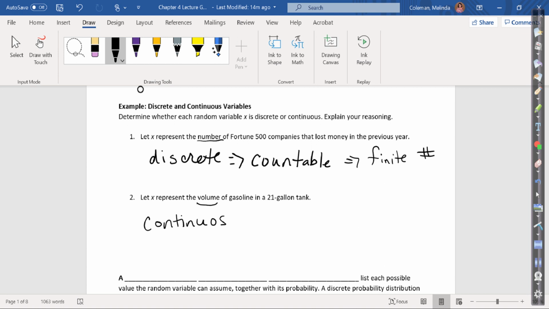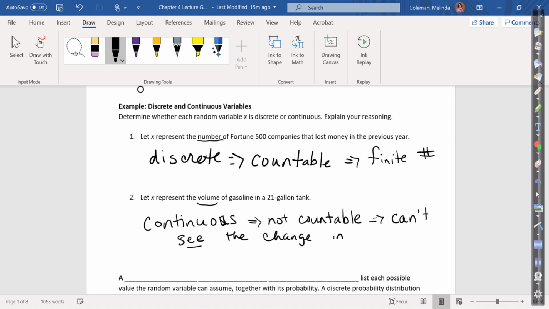So this is continuous. So it is not countable. If you think of volume, you can't actually see the change in volume continuously.